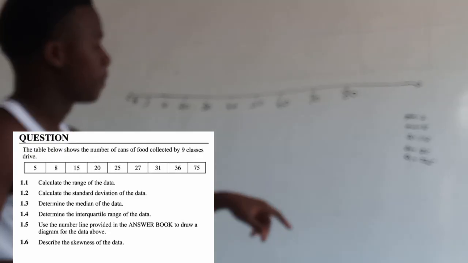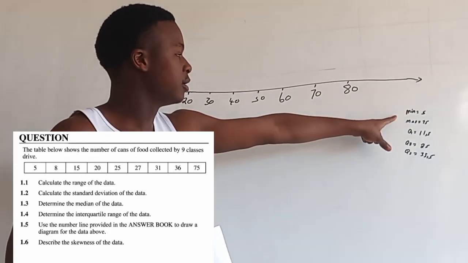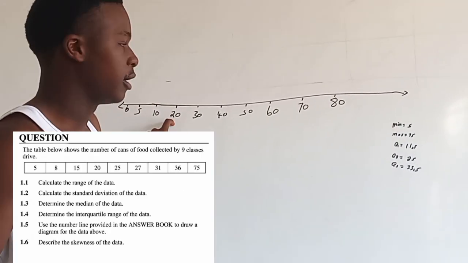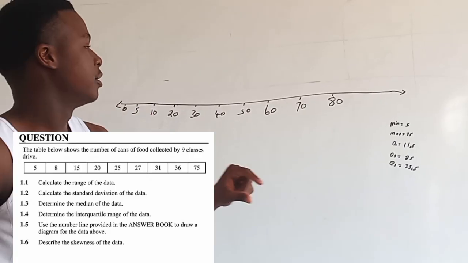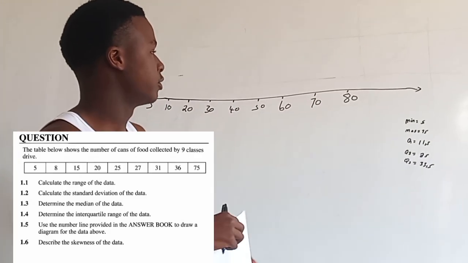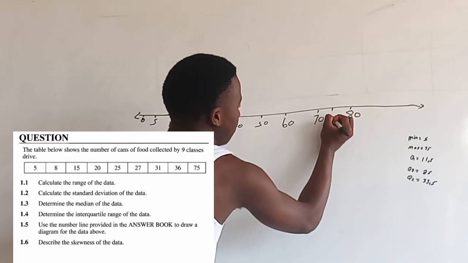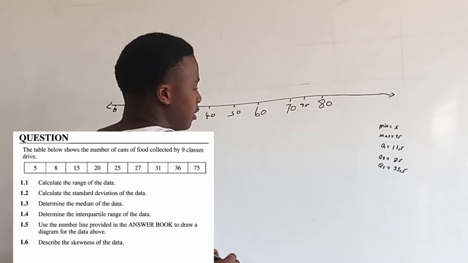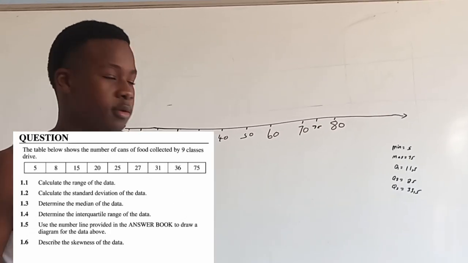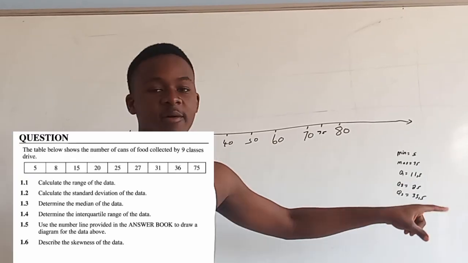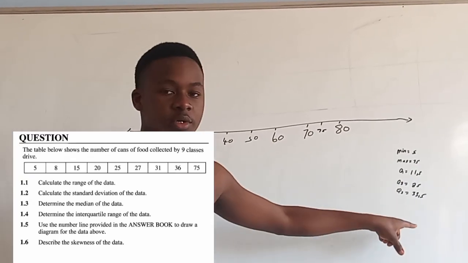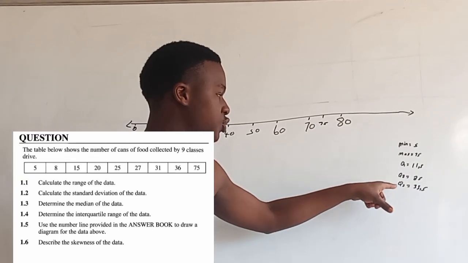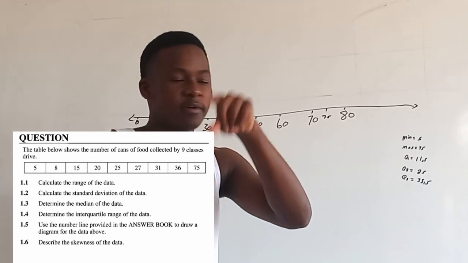Why? Because our smallest number is 5, and our largest number is 75. And our Q1 is 11.5, our Q2 is 25, and our Q3 is 33.5.